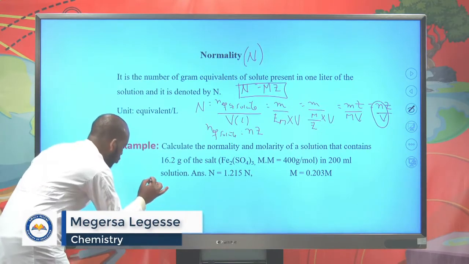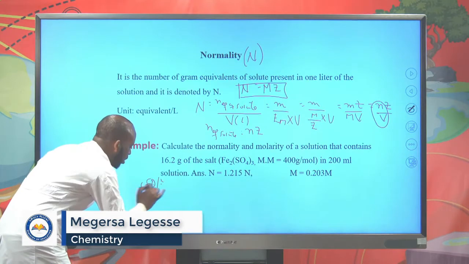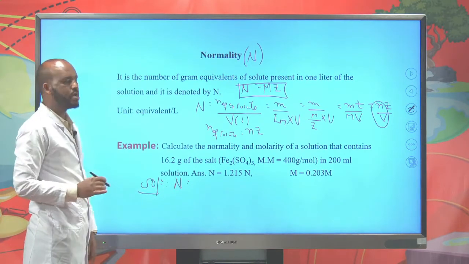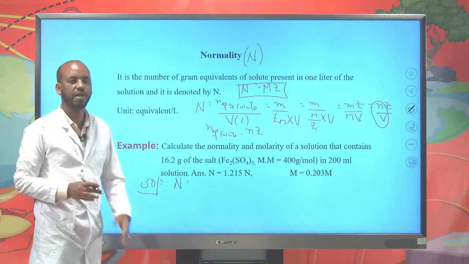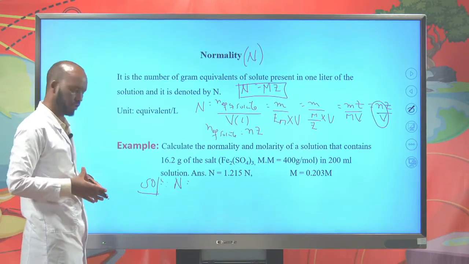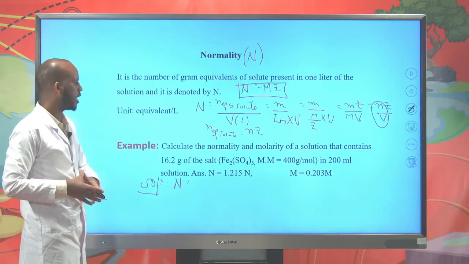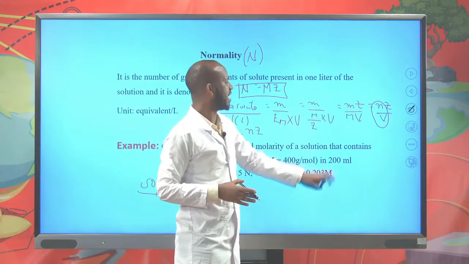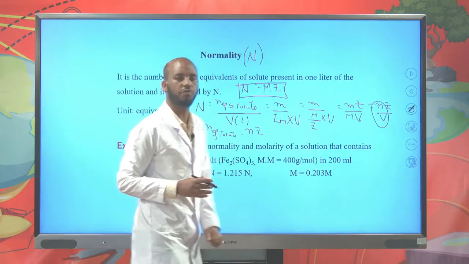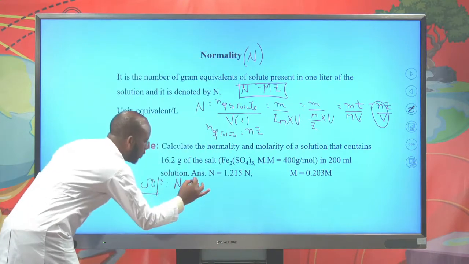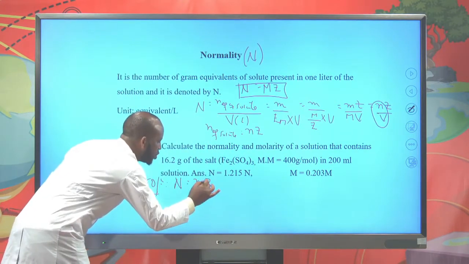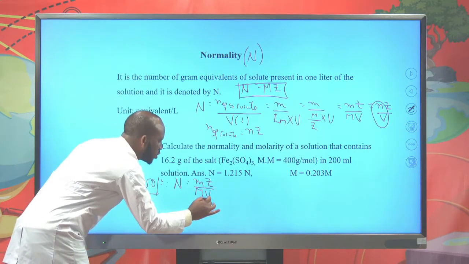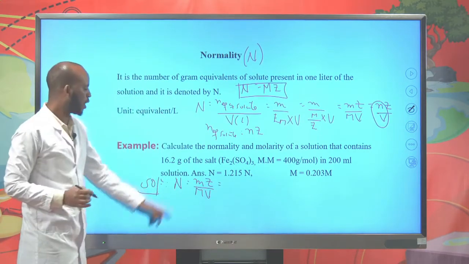Normality equals number of equivalents divided by volume of the solution. Therefore, normality equals mass of the solute times Z divided by molar mass times volume of the solution.